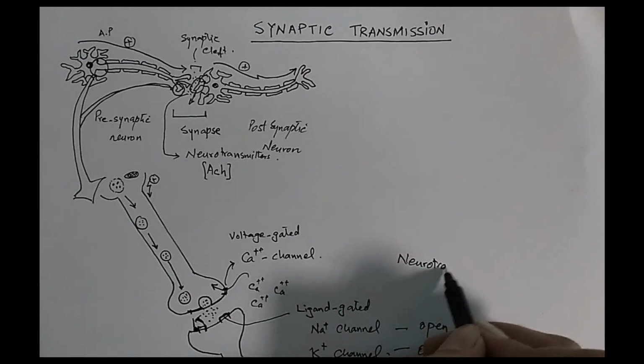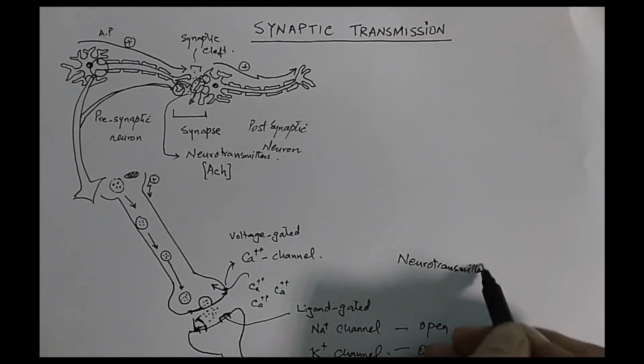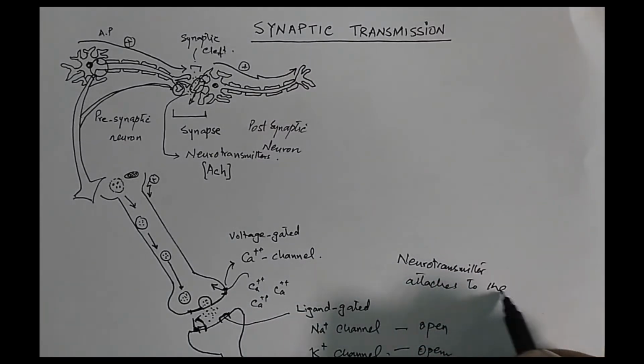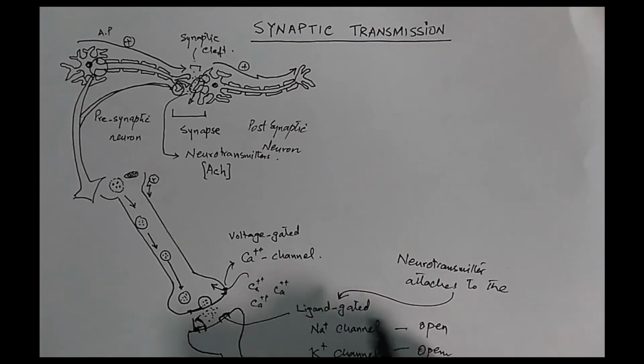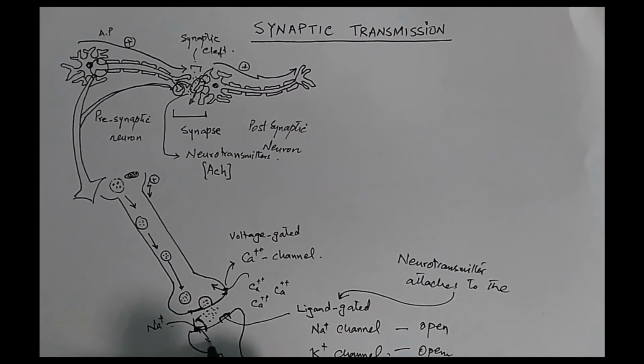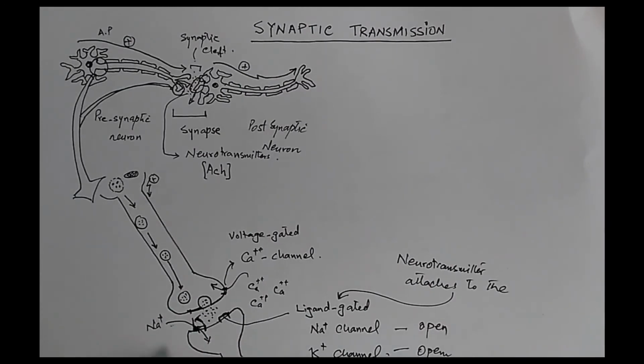when neurotransmitters attach to the ligand gated sodium and potassium channels. So once they open, they allow the movement of sodium ions from the outside into the dendritic and somatic regions of the neuron, and potassium ions from inside start rushing out, hence reversing the membrane potential, just as we have discussed in the generation of the action potential in the previous video.